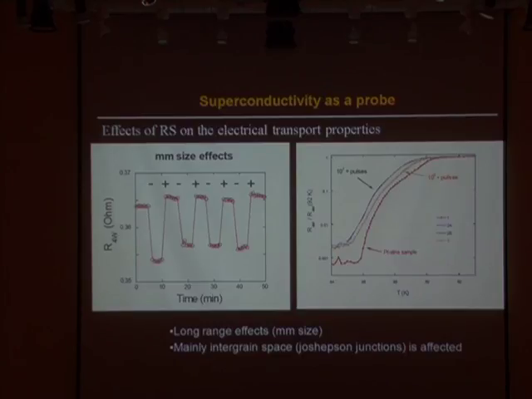So we have not only changed the resistance 1 millimeter away from the contacts, but also in the whole area of conduction of the sample. Okay? And then when we apply the pulses of the opposite polarity, we managed to recover partially the superconducting transition. Okay? But then it was not possible to recover it again like in the pristine sample.